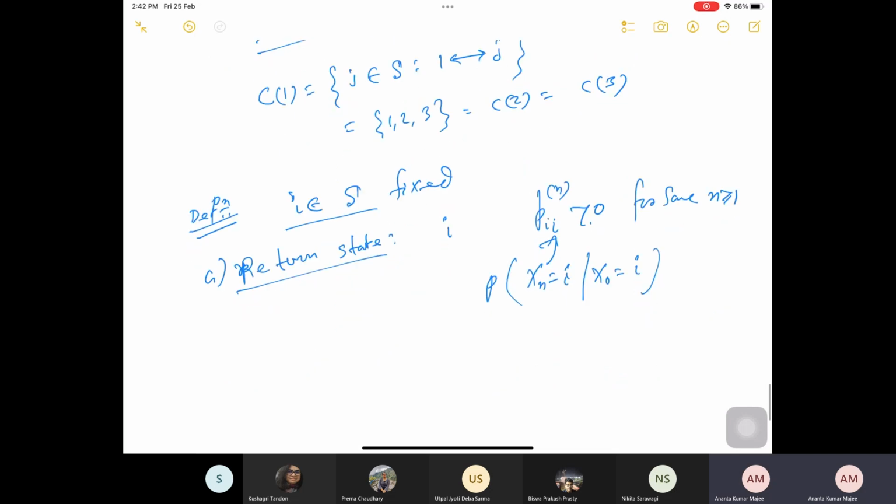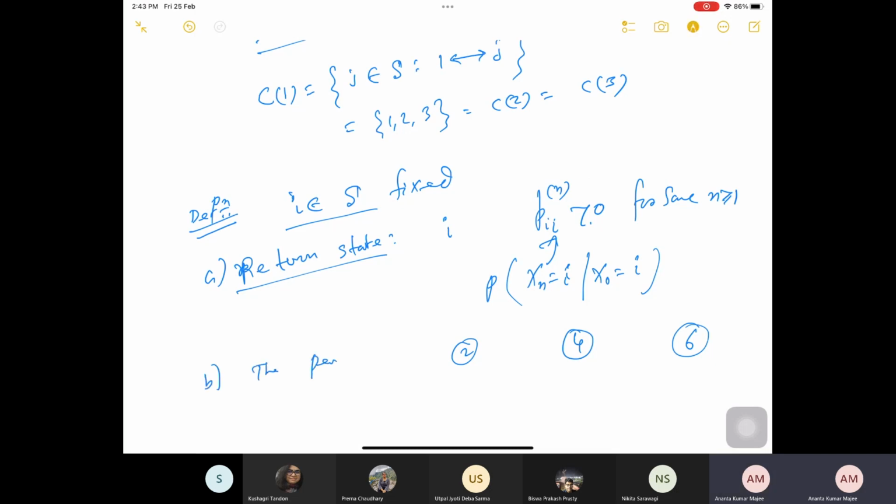Okay, so you may have many possibilities. Means you can have state n, and you can find out, because this is for some n. Suppose you have some 2, maybe somebody has 4, somebody has 6, and so on. So for that case, if I is a returning state, then I can think about the period.